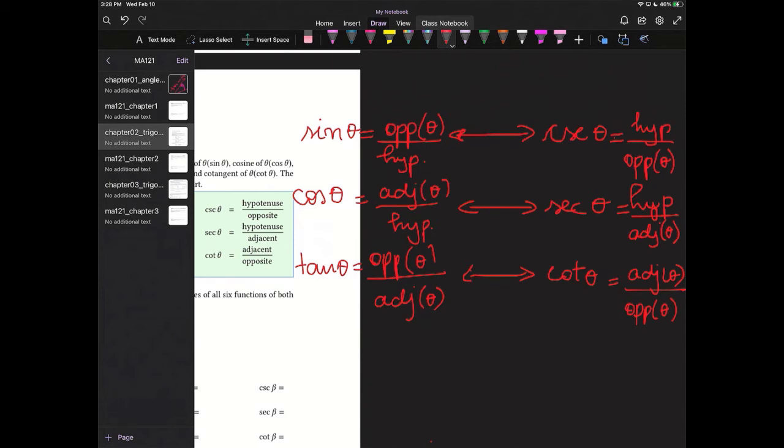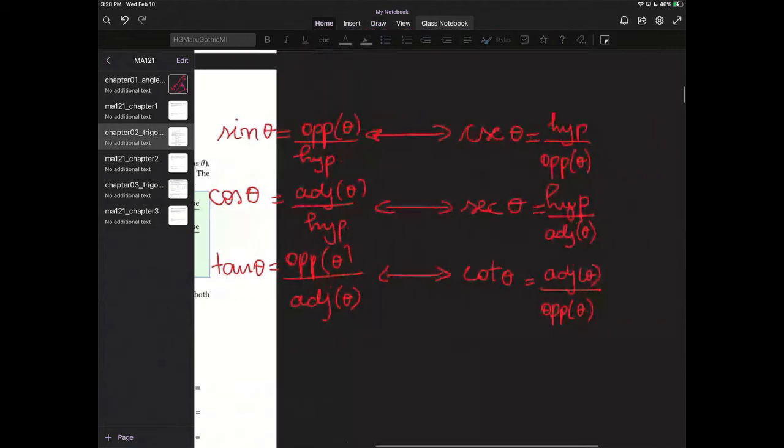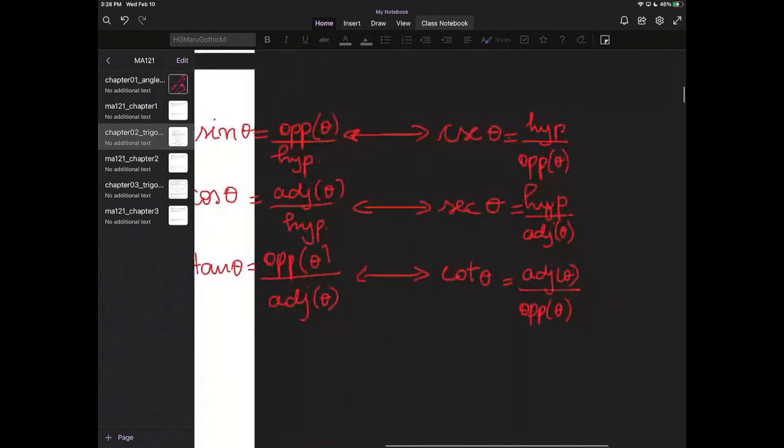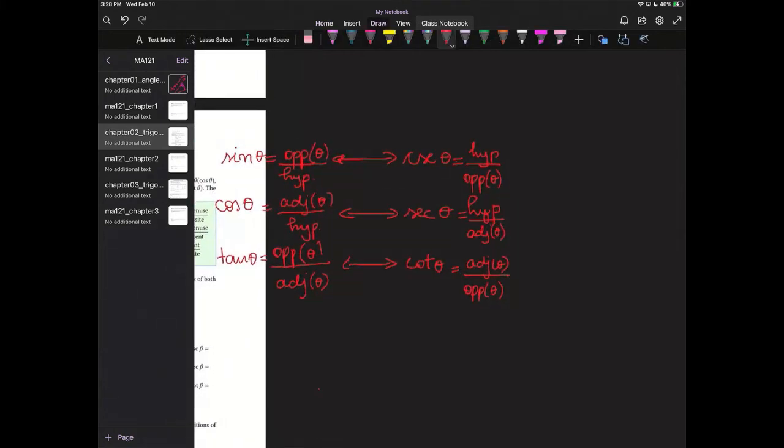So what we can say here, and it's good that I'm pointing this out at this point, later on we're going to see the trigonometric identities, which are basically equations that work for all angles. We have that, for example, if I look at the first pair, which is sine and cosecant, they are reciprocals. Since they are reciprocals, I can write that the sine of theta is 1 over cosecant of theta.